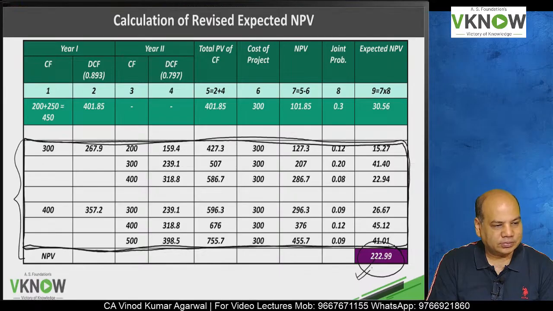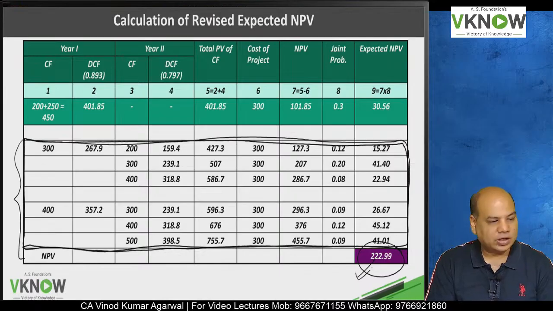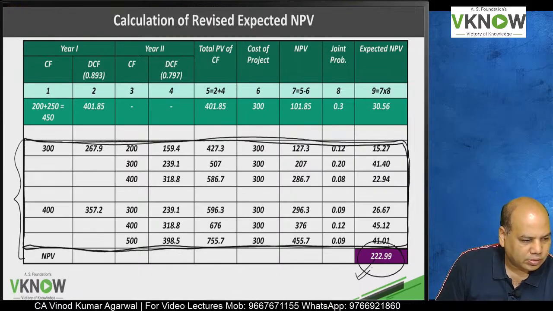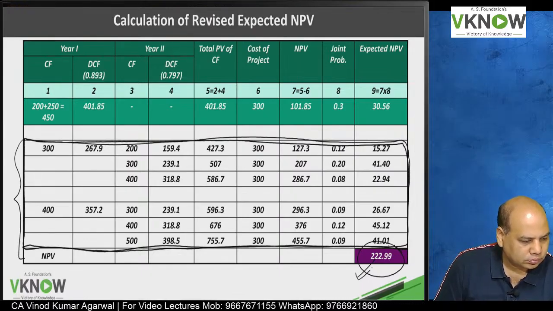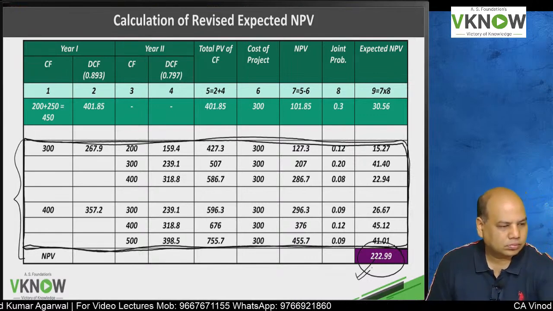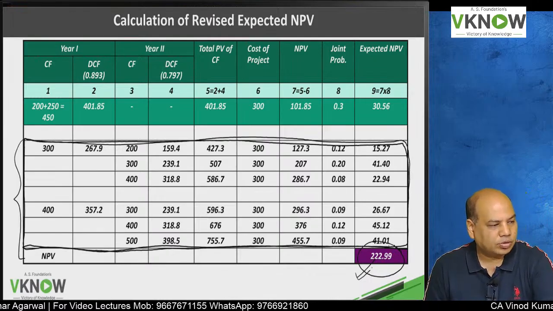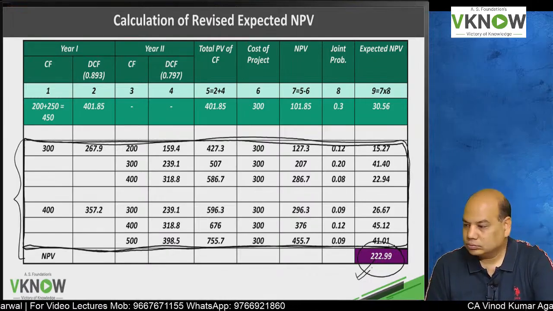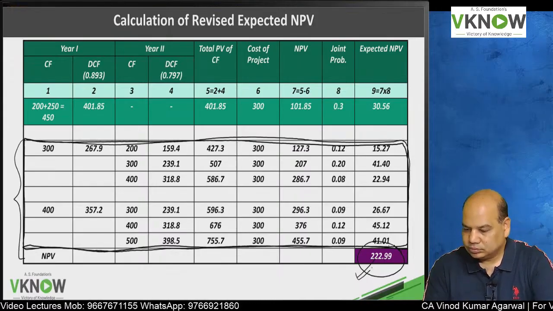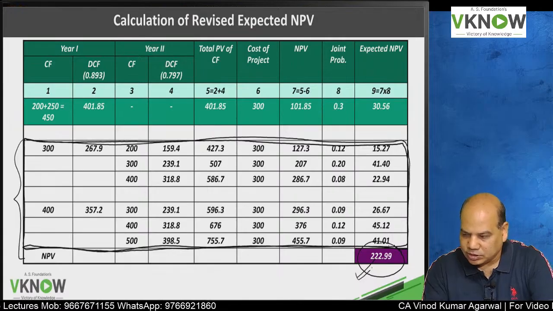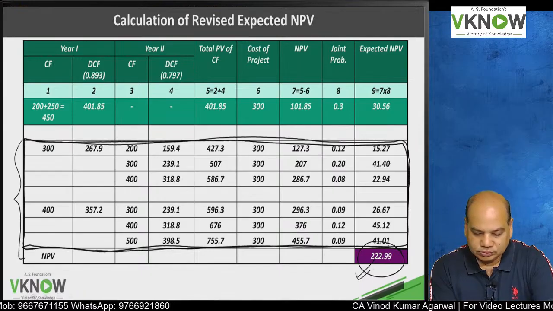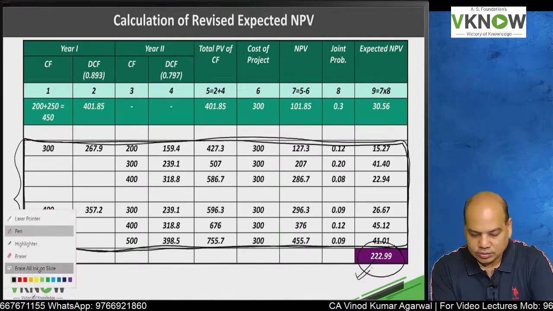Can you please confirm what is your total of the last column? Is it 222.99 approximately? And plus this 30.56 is also there. Yes, it is right.